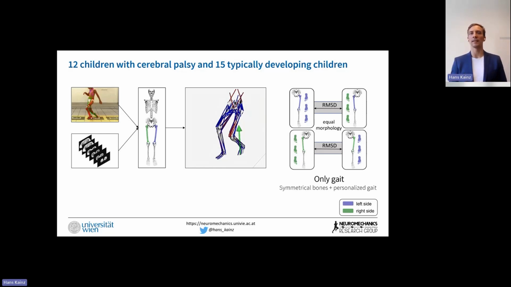Therefore, we could investigate what's the impact of the gait pattern on these asymmetric hip joint loads. And then we conducted additional simulations where we kept the bones subject-specific for the right and the left leg, but we kept the gait pattern symmetric to investigate what's the impact of the asymmetric morphology on this hip load.